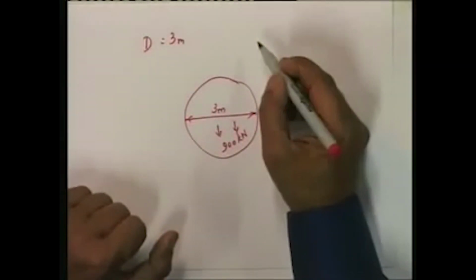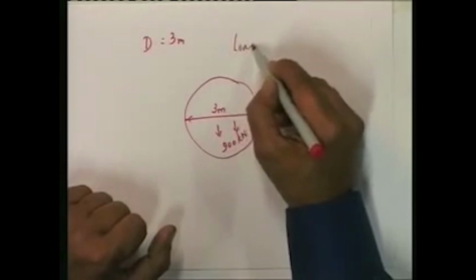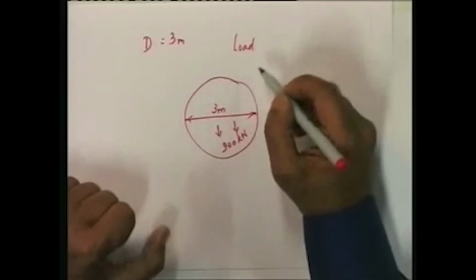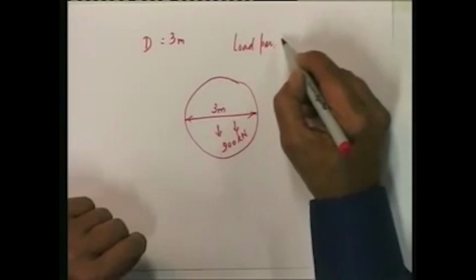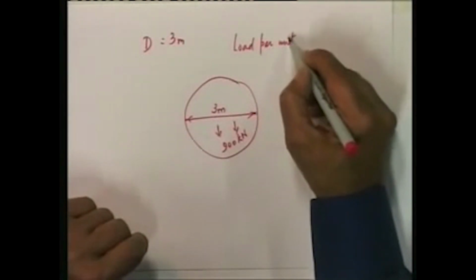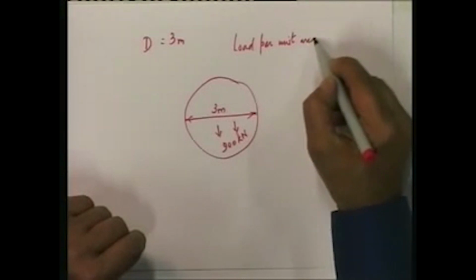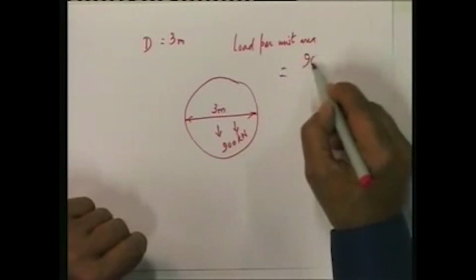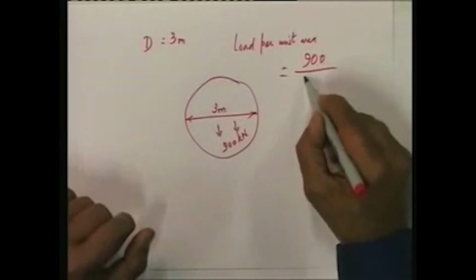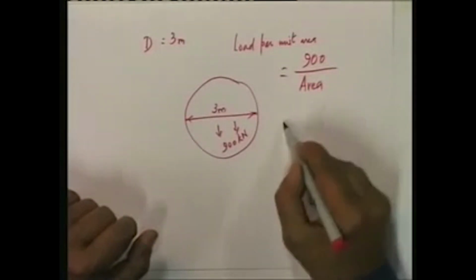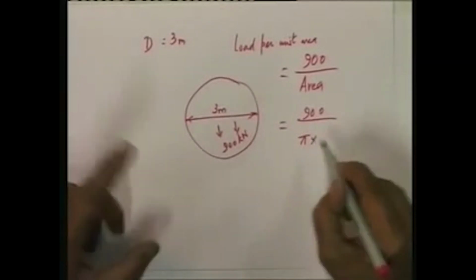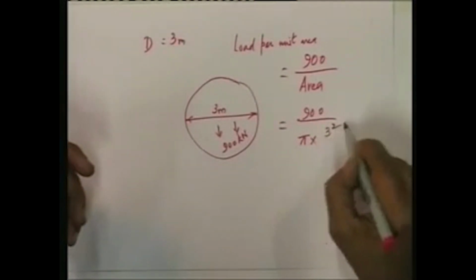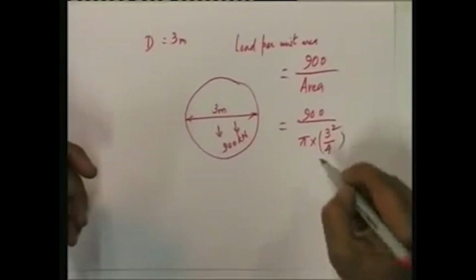That means the load, which can be considered to be uniformly distributed over the entire area, that is the load intensity per unit area, will be 900 divided by the area, which is 900 divided by pi d square upon 4, with d as 3.